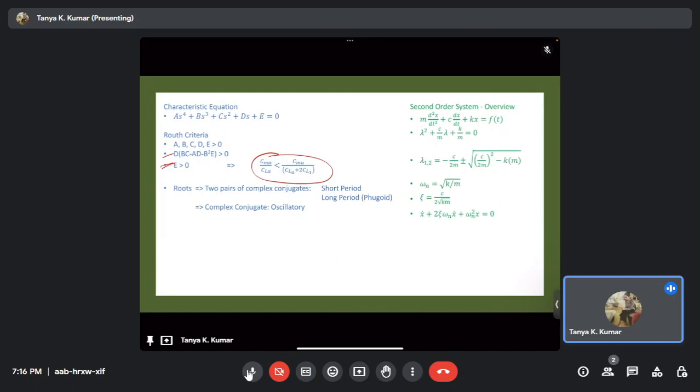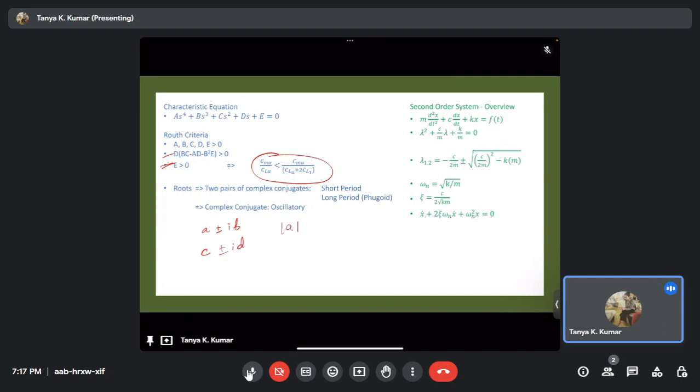Now, for this aircraft, for the longitudinal dynamic stability, it so happens that you have two distinct complex conjugate pairs of roots. So the four roots are two pairs of complex conjugates. One is the short period and one is the long period. So you have A plus or minus iB, and C plus or minus iD.